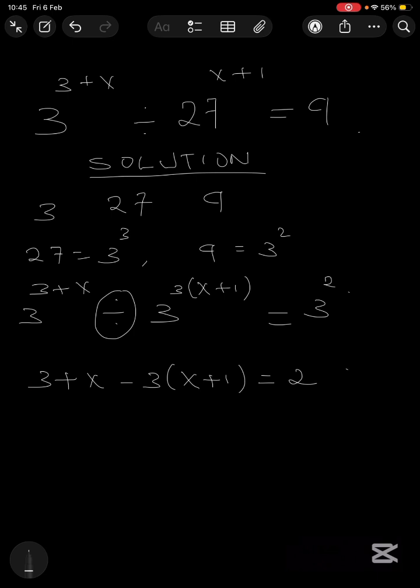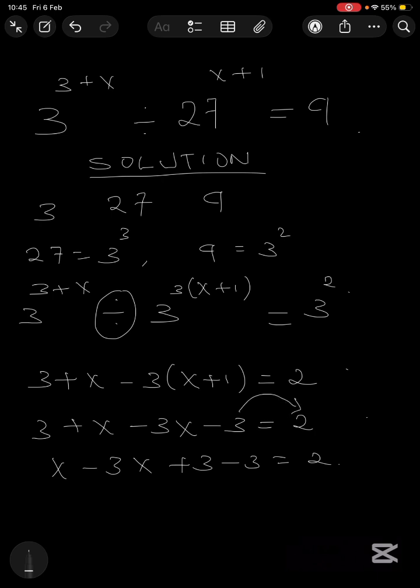Open the bracket: 3 plus x minus 3x, negative 3 times positive 1 is minus 3, equal to 2. Next, make x the subject. So it is x minus 3x plus 3 minus 3 is equal to 2. We can take plus 3 to the other side.